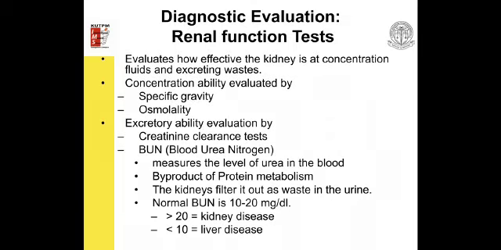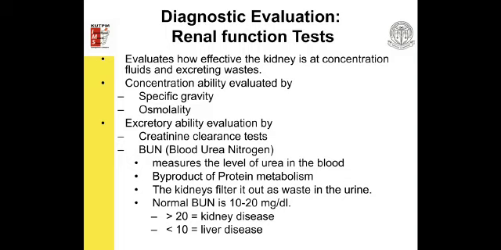For the diagnostic evaluations, renal function evaluates how effective the kidney is at concentrating fluids and excreting waste. Concentrating ability is evaluated by specific gravity and osmolality. The excreting ability is evaluated by the creatinine clearance test.